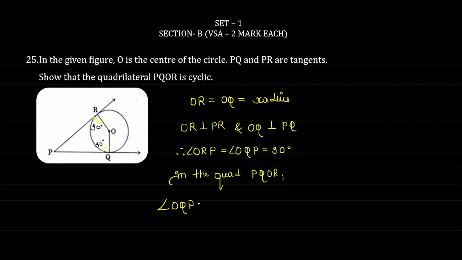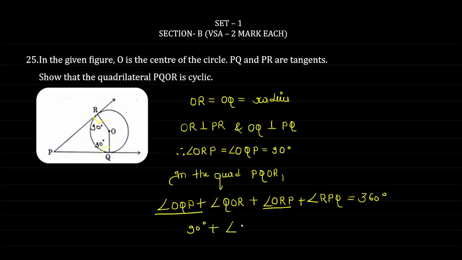OQP, this is 90 degrees, plus angle QOR plus angle ORP plus angle RPQ is equal to 360 degrees. Now ORP and OQP are equal to 90 degrees, plus QOR plus, this is 90 again, RPQ, that is equal to 360 degrees.